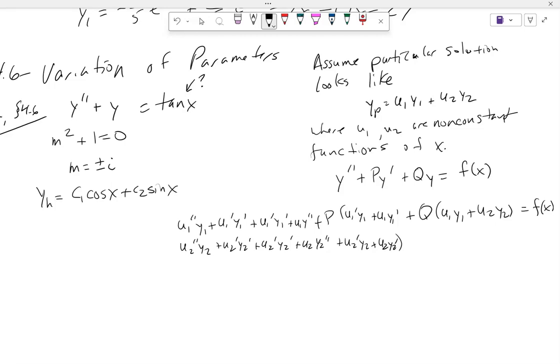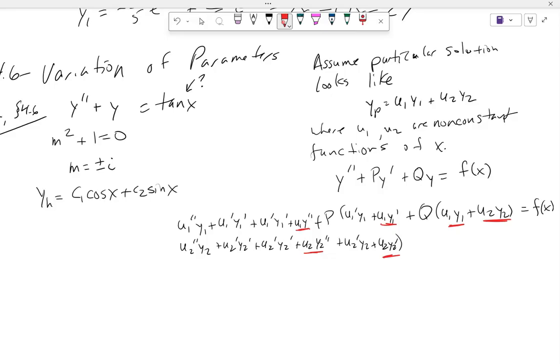All right, so we're going to break this up into pieces. Notice that, let's do this first. All the parts that I'm underlining in red have no derivatives on the u's, right? We agree?